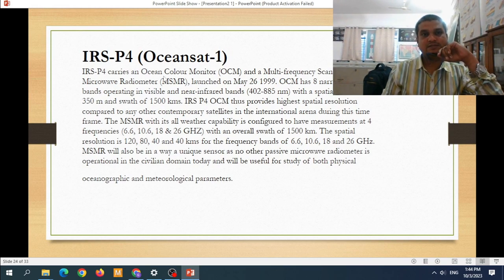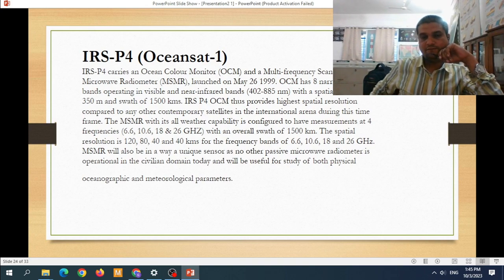It carries an Ocean Color Monitor, that is OCM, and a Multi-frequency Scanning Microwave Radiometer, that is MSMR, launched on 26 May 1999, having 8 narrow spectral bands operating in the visible and near infrared, with spatial resolution of 350 m and swath of 1500 km. It provides the highest spatial resolution compared to other comparable satellites internationally during this time frame.